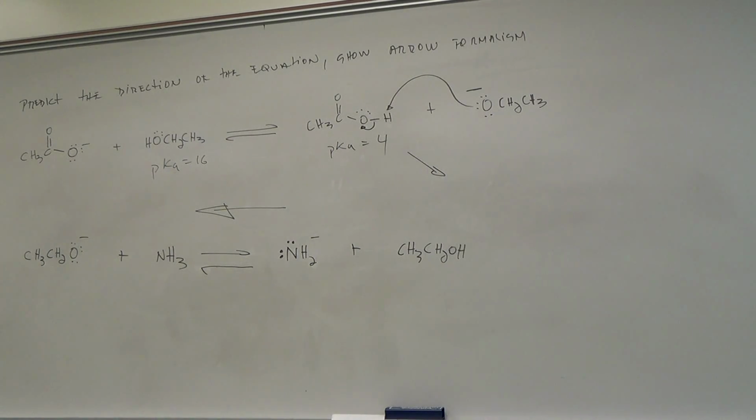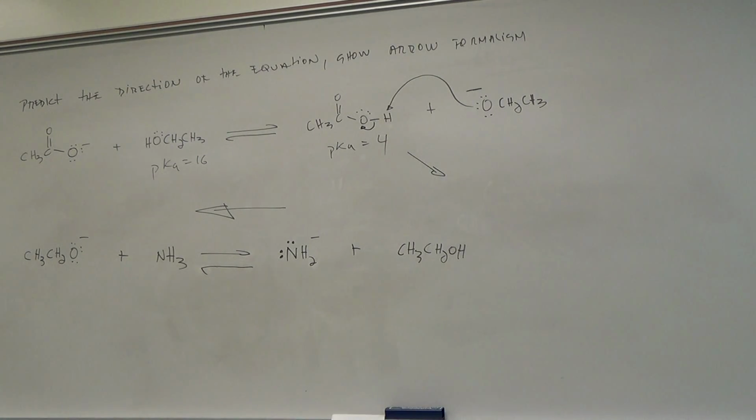Where is it going to go? To the right or to the left? Right. You kind of more or less need to know the strength of acids. Okay? There is a table in the book on page 165.